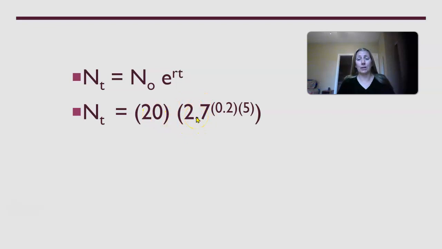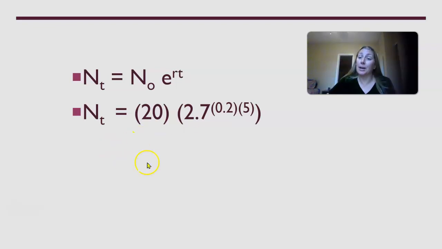On your calculator, E is going to be E superscript X. You can use that function on your calculator. 0.2 is your growth rate, and 5, we're talking about what the population is going to be in 5 years.